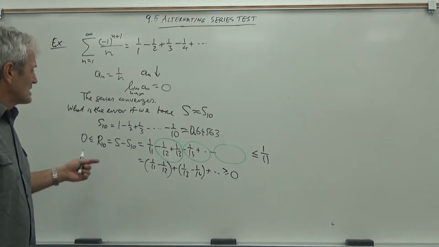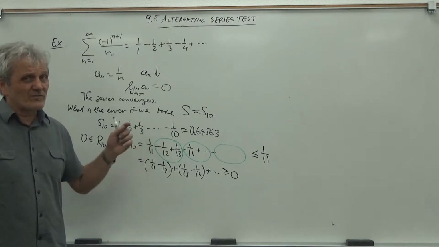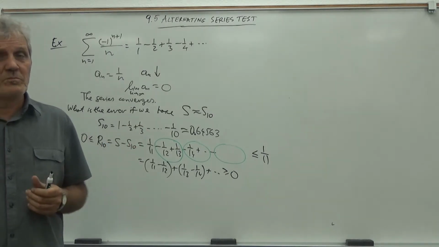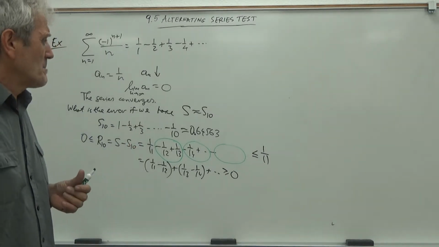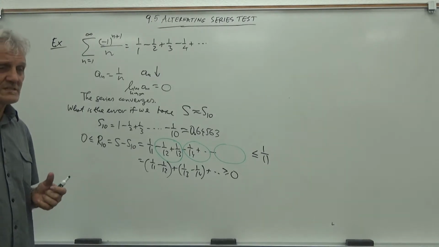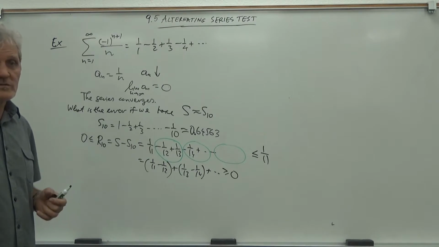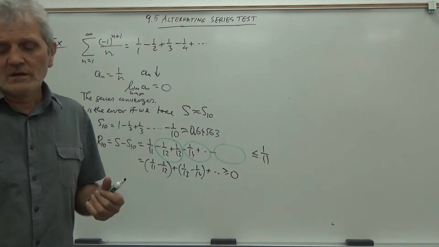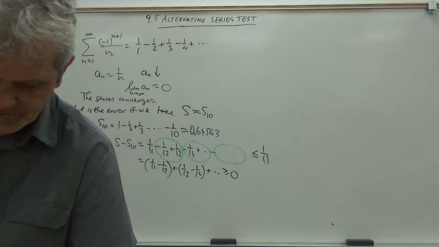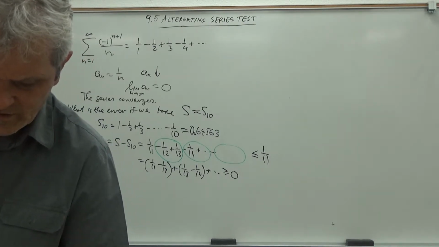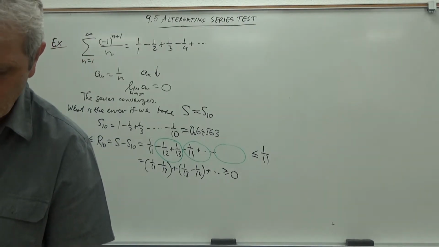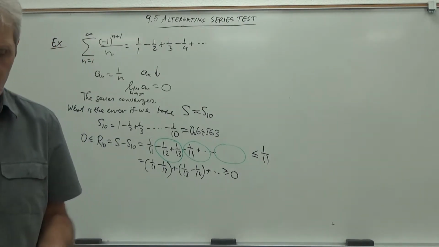What if I were S minus S11? My first omitted member is negative, so I would do the overestimate, and my error would again be less than 1 over 12. So that's what changes. All right, and that's the theorem about the alternating series remainder.